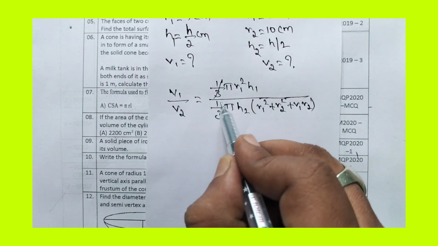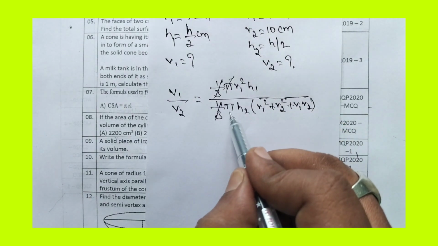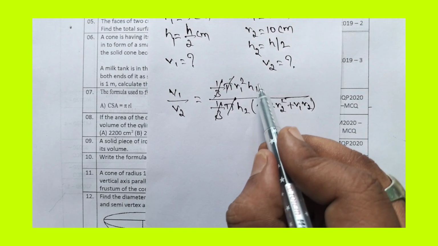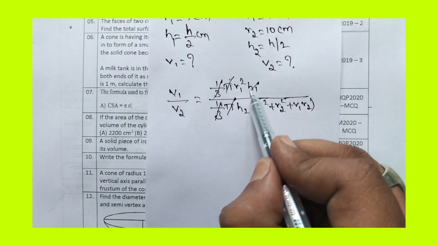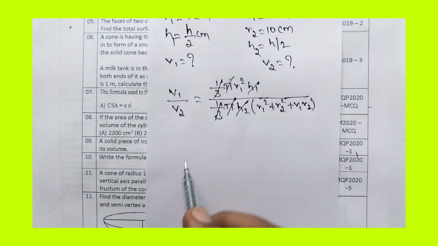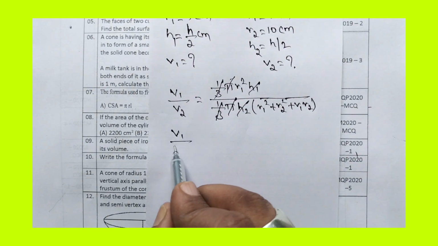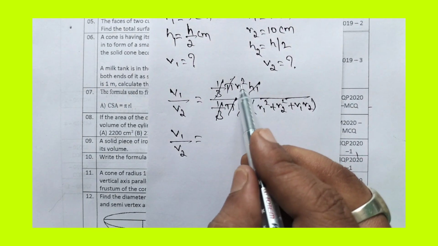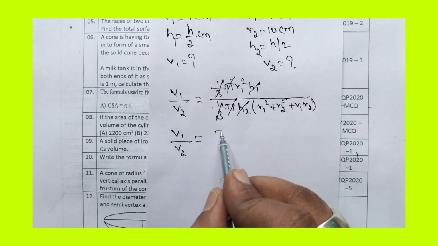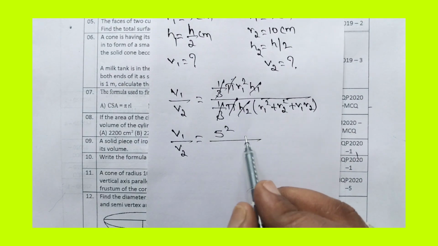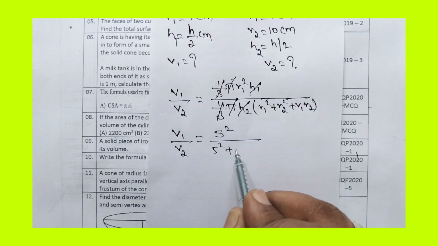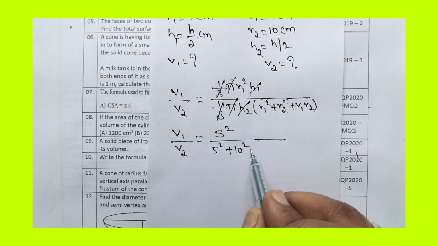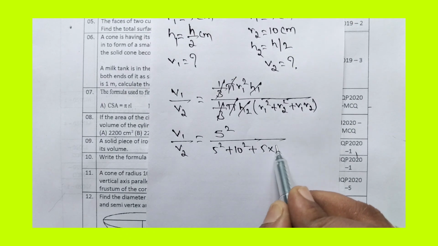So 1/3 cancel, pi cancel. ನೆಕ್ಸ್ಟ್ H1 ನೋಡಿ, H1 ಎಷ್ಟಿರುತ್ತೋ H2 ಕೂಡ ಅಷ್ಟೇ ಇರೋದ್ರಿಂದ H1 H2 ನಾನು ಕ್ಯಾನ್ಸಲ್ ಮಾಡ್ತೀನಿ. ಸೊ ವಾಟ್ ಈಸ್ ದ ರಿಮೈನಿಂಗ್, V1 ಬೈ V2 ಈಸ್ ಈಕ್ವಲ್ ಟು, ಇಲ್ಲಿ R1 ಸ್ಕ್ವೇರ್ ಉಳಿದಿದೆ ಅಂದರೆ 5 ಸ್ಕ್ವೇರ್ ಡಿವೈಡೆಡ್ ಬೈ, ಇಲ್ಲಿ ರಿಮೈನಿಂಗ್ ಇಸ್ R1 ಸ್ಕ್ವೇರ್ 5 ಸ್ಕ್ವೇರ್ R2 ಸ್ಕ್ವೇರ್ 10 ಸ್ಕ್ವೇರ್ ಪ್ಲಸ್ R1 5 R2 10.